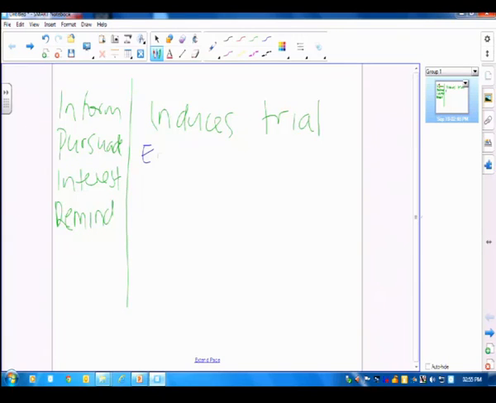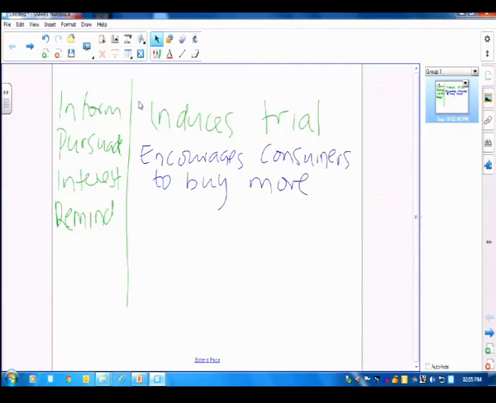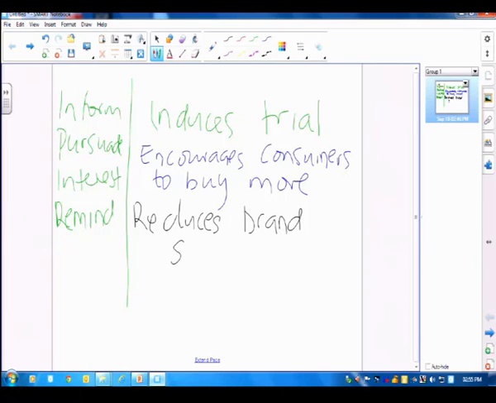Secondly, it encourages consumers to buy more. Thirdly, it reduces brand switching.